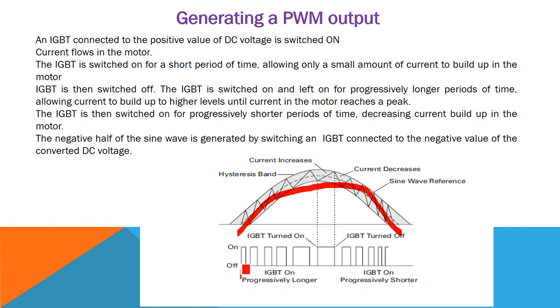The switching on time is progressively increased up to the maximum value, and after that the switching time will be gradually decreased. Effectively we will be getting the reducing effect of DC at the end of the cycle.